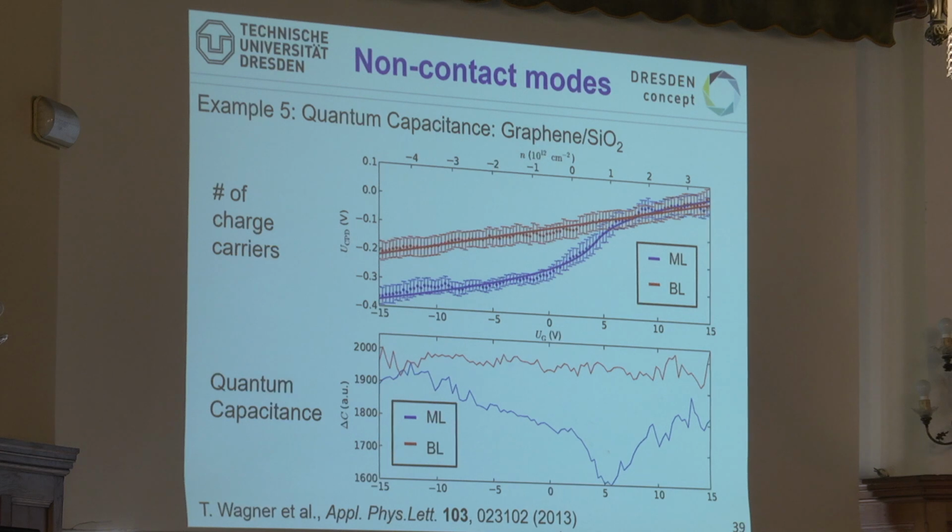For that, we applied a gate voltage on the bottom, tuned between plus and minus 15 volts in order to inject more charges. This is the calculated charge density, negative and positive, that we have there. And you see nicely how this quantum capacitance changes at a bias of about 5 volt. So this is another way to differentiate between mono and bilayers by using your mimic, which is already there.